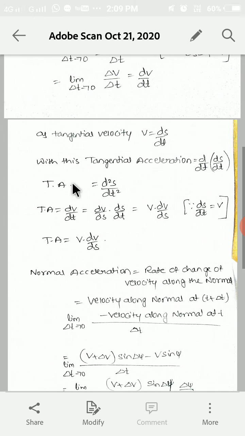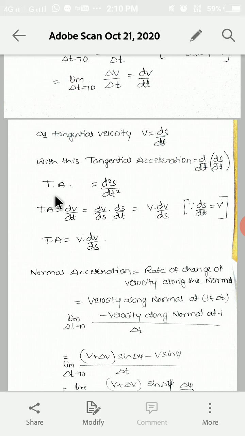Now for tangential velocity, we know that v is equal to ds by dt. This we derived in the last class. Substituting v as ds by dt, tangential acceleration is equal to d by dt of ds by dt, that means d square s by dt square.